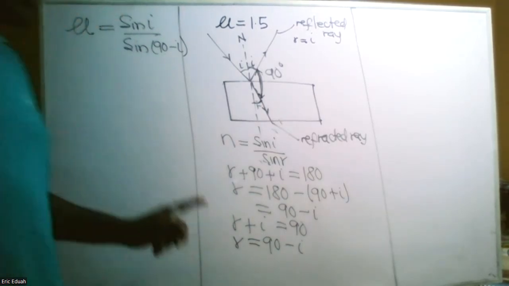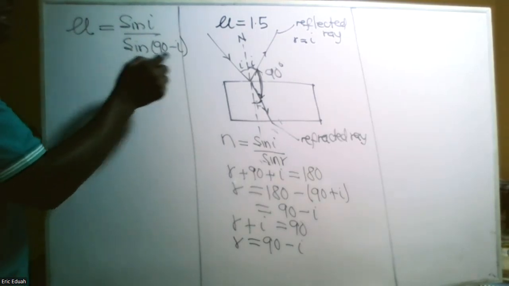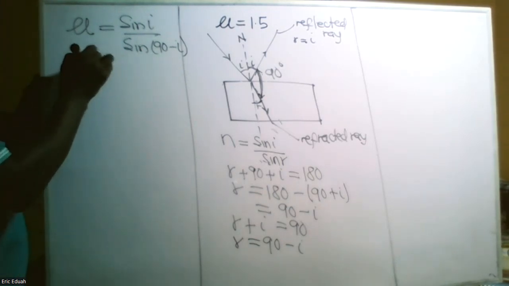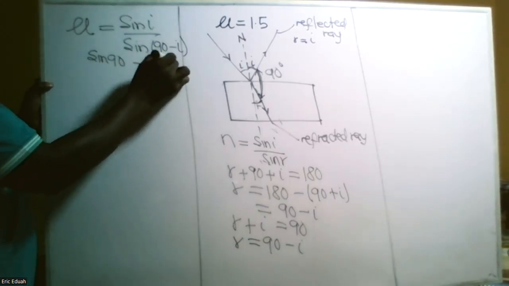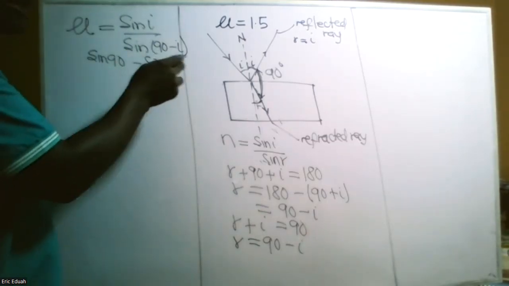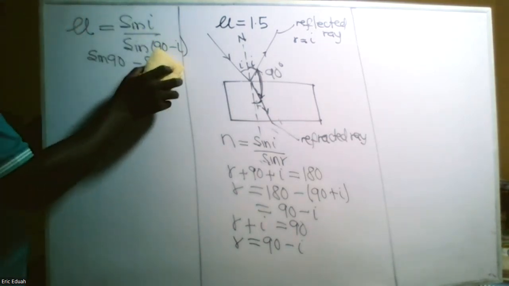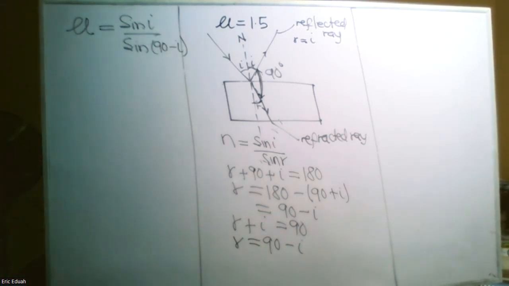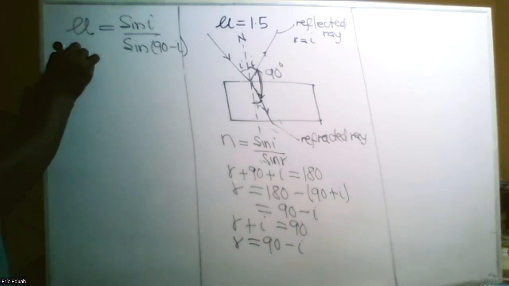This is trigonometry. Some of you were even multiplying sine 90 minus sine I. Charlie, this is not algebra for which you have to multiply like that. This is trigonometry, okay? There is a way of expanding this. Are we okay? But then, if I have, look at this. Mary, are you there?